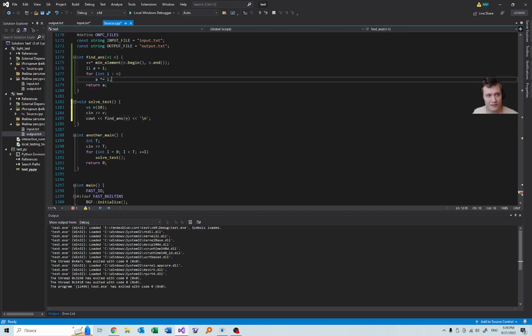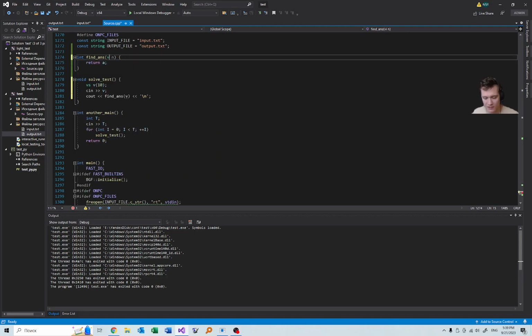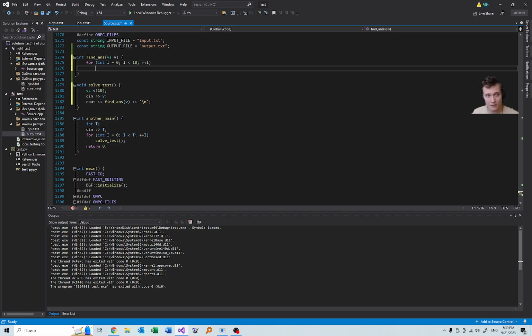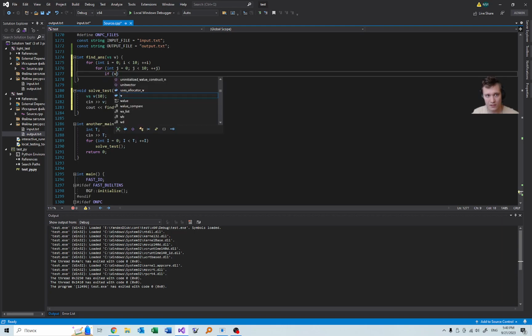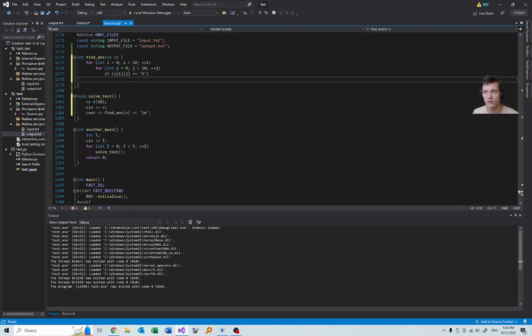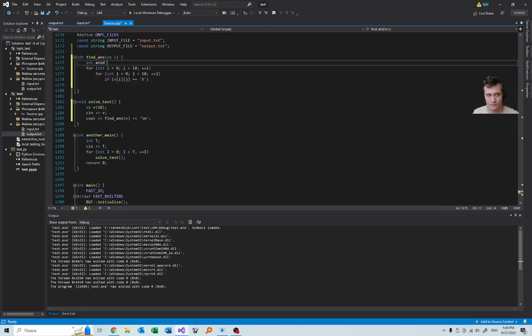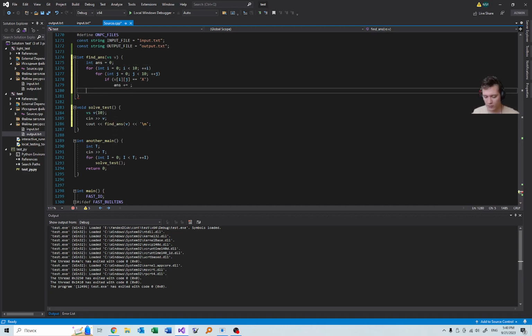I'm not really fast, guys. So we need here VSV, and here we do the following. We go through int i from 0 to 10, int j from 0 to 10, and if Vij equals x, then we need to add some points. How many points? Ans plus equals something. We return ans.